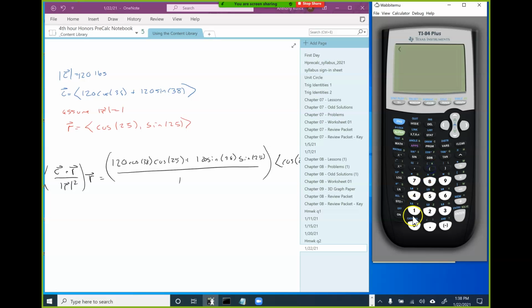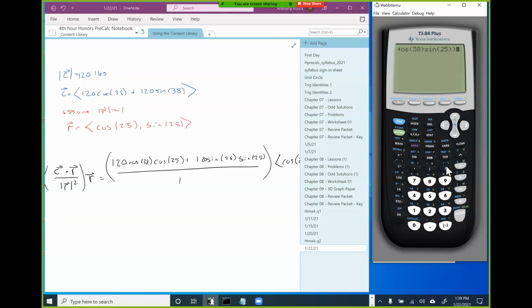Thank you, Mr. Kulik. I see what you're saying, Keaton. So I have this plus this. I didn't finish the dot product before I started distributing, and I goofed it all up.